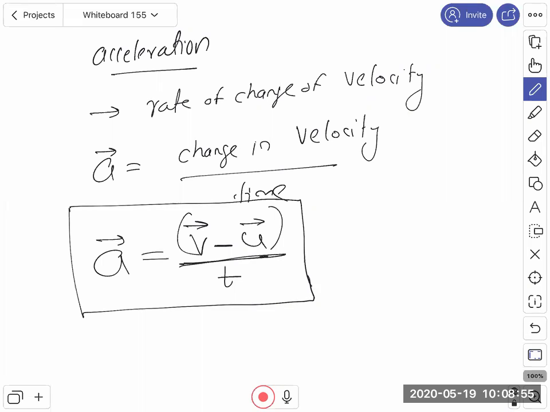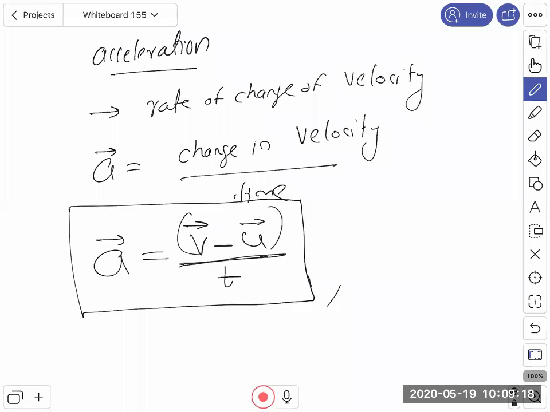We discussed that whenever we are talking about a vector quantity, we should know how to find out its direction. So what about the direction of acceleration? Sir, unit vector of v minus u the whole. Yeah.